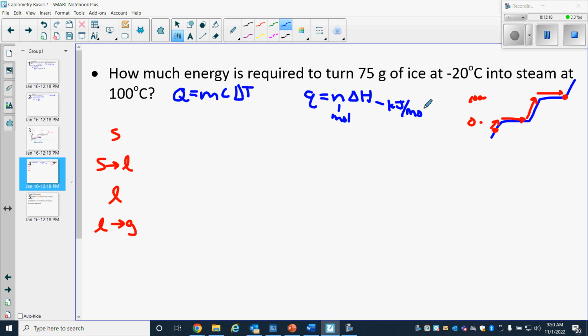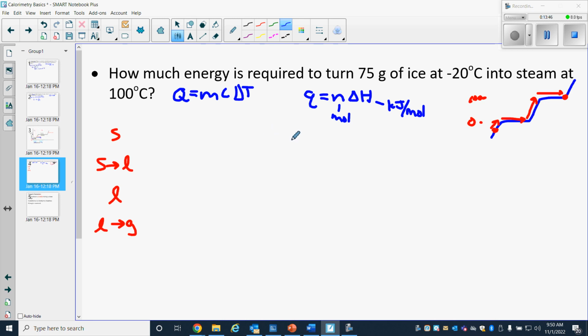So this equation is going to give us an answer in kilojoules, whereas using specific heat, we tend to get our answer in joules. So the first equation, Q equals MC delta T, is used whenever it's a single phase, like a solid, liquid, or gas, and the temperature is changing. The Q equals N delta H is used whenever we are going through a phase change, those flat lines, and the temperature is not changing.